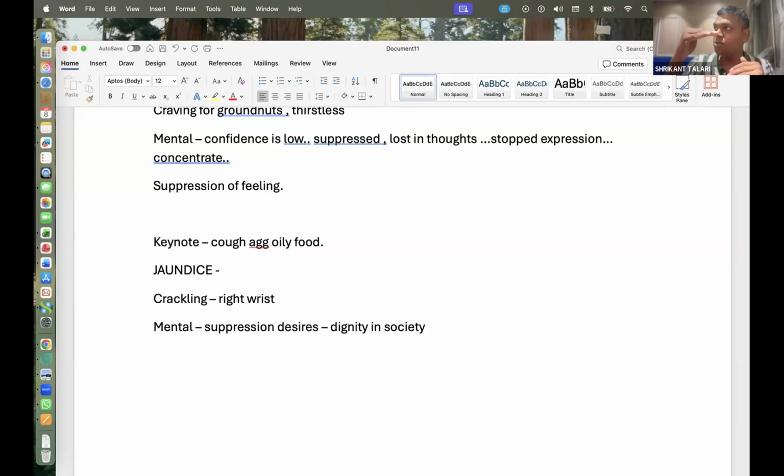There is a certain position, we have a certain respect. A better word than dignity is that we have good respect in society and I want to maintain that respect. And to maintain that respect, if I have to suppress my desires, my impulses, I will suppress. But that suppression is causing complaints. So this has to be there in the remedy.